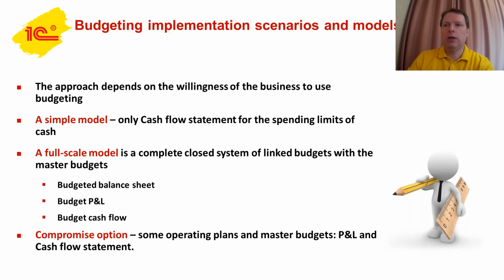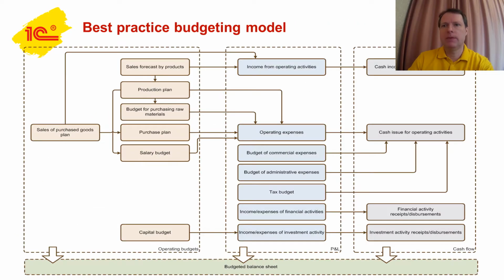And of course, our ERP application provides balanced options between simple and complex models. Here we can see an example scheme of a complex budgeting model with a balance sheet at the end of the budgeting process. All the rectangles are the budget forms with links between each other. In a real enterprise implementation, the budgeting model can consist of 50 budget forms or more.